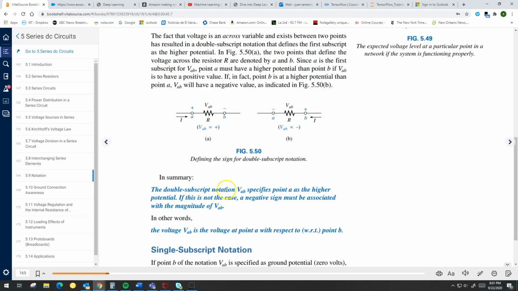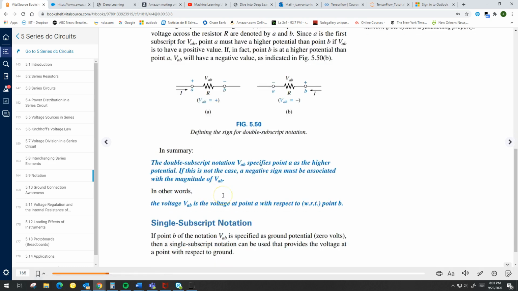In any case, if we use the same example as in this figure, then the double subscript notation VAB means that point A is at a higher potential than point B. In this double subscript notation, the first letter that you see tells you that is the higher potential point, or the more positive point on that voltage, and the second letter tells you is the more negative point, right?